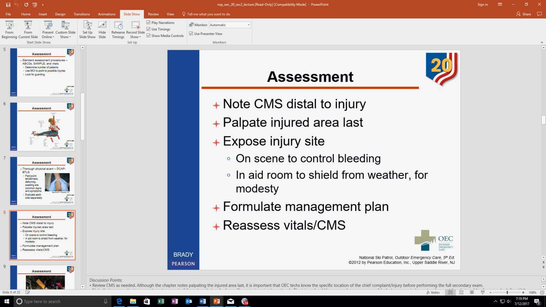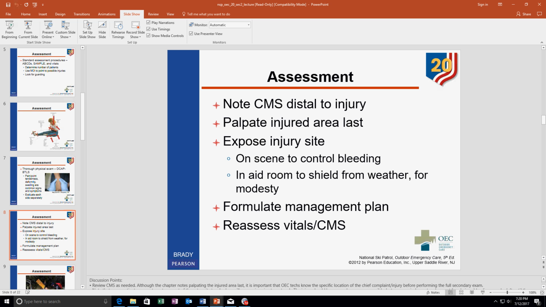Another important point in terms of assessment, because I know when I first started, this is Becky, you heard the word SAMPLE, you heard DCAP-BTLS. I cannot impress upon you enough, know those acronyms, know what each of those letters stands for. For example, in DCAP-BTLS, what does the D stand for?